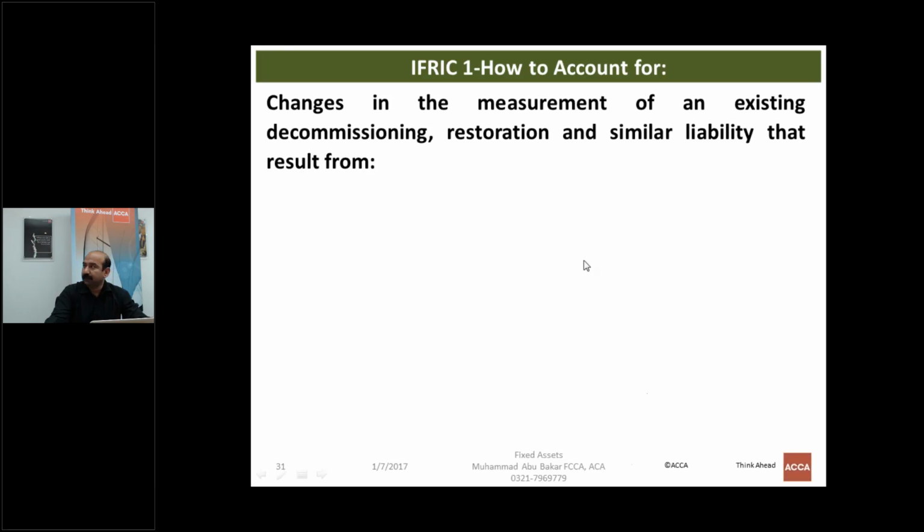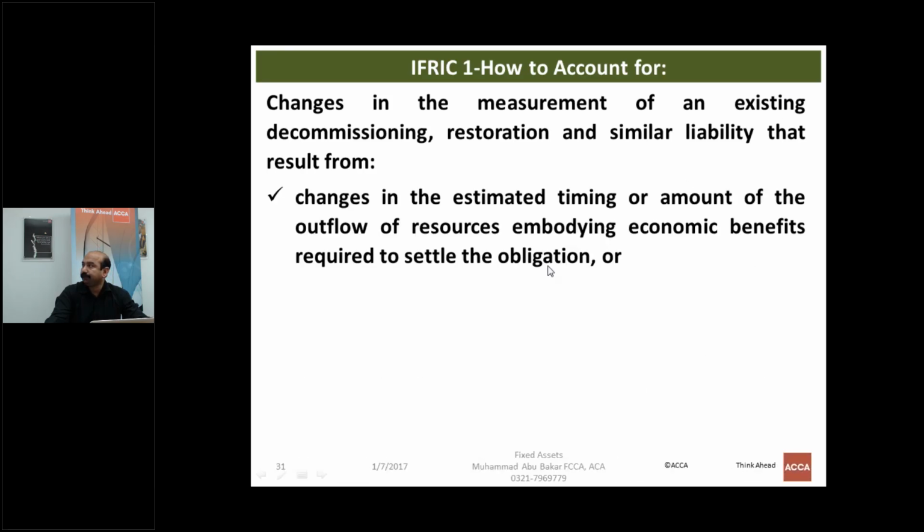For example, these changes could be due to the estimated timing and or the estimated amount. Like you initially estimated that 20 million will be incurred at the end of the 10th year, but subsequently, due to changes in circumstances, when you revised your estimate, you found that now this will cost 25 million.